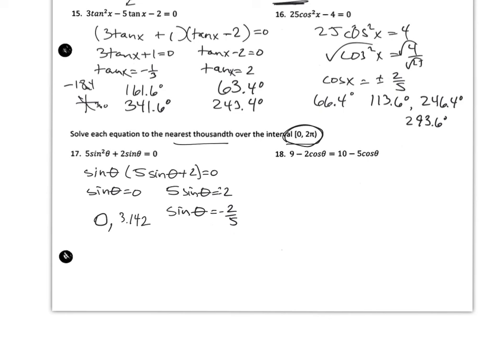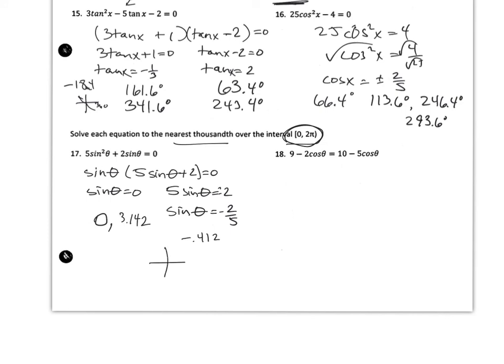Over here, we put this in the calculator. We have negative 2 divided by 5 in there, so we get, oh, shoot, negative 0.412. Well, we don't want the negative, right? We're not allowed to use a negative answer. But we definitely want the 0.412.